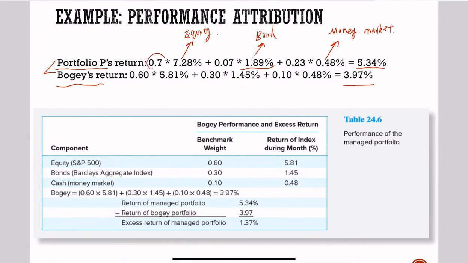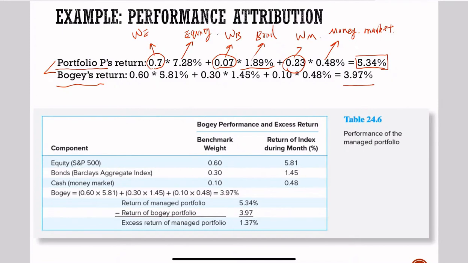And then 0.7 is the portfolio weight in the equity, and then the portfolio weight in the bond, and the portfolio weight in the money market. And you can see that now our purpose is to understand how to attribute this 5.34% return into security selection and asset allocation.